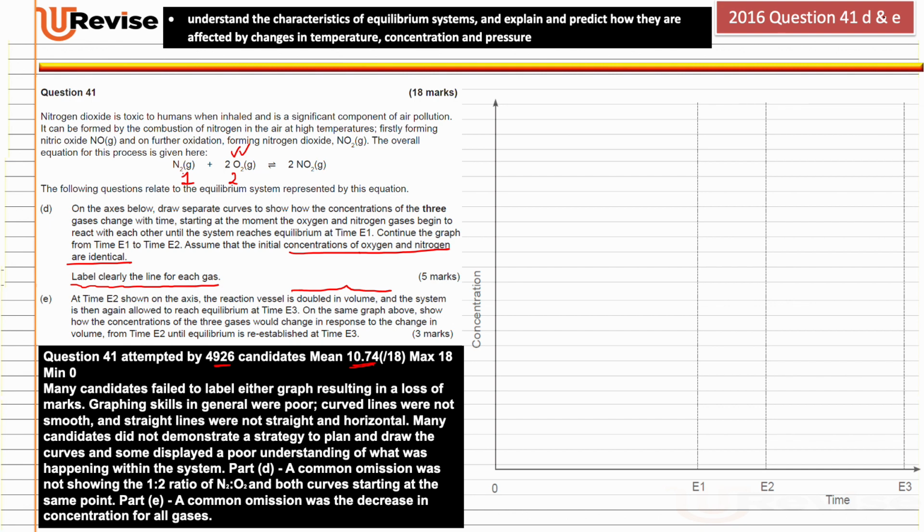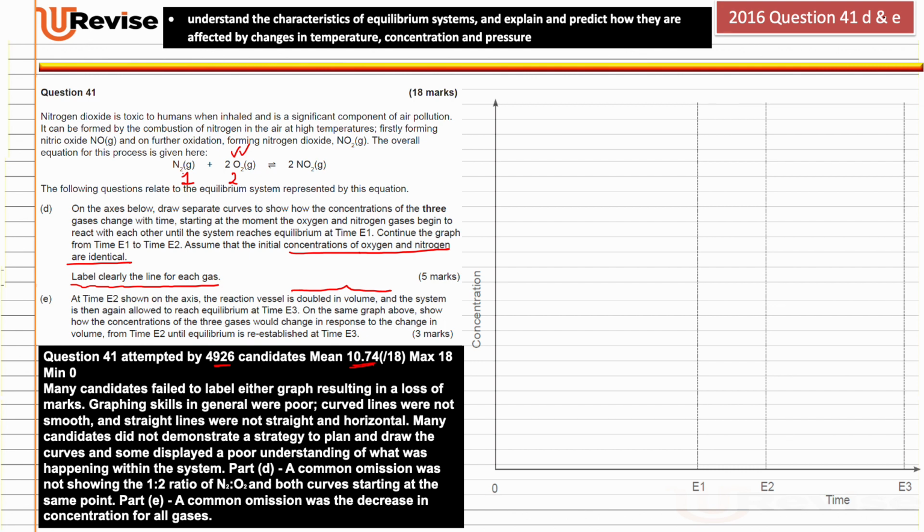We need to see all the gases decrease, because these are gases, so the concentration, which is the partial pressures of these, will also go down and they'll decrease proportionally. Those that have a higher concentration will be affected more than those that have a lower concentration.